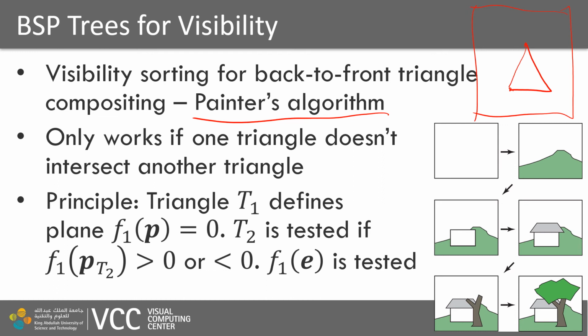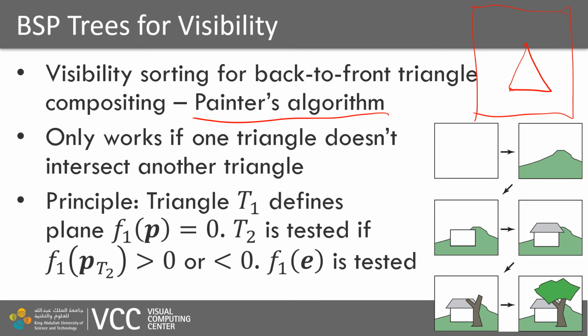So we will generate the BSP tree, which is view independent. We will partition the scene based on the triangle's planes into front and behind, and then we can, in a recursive manner, subdivide to higher and higher details of our scene.